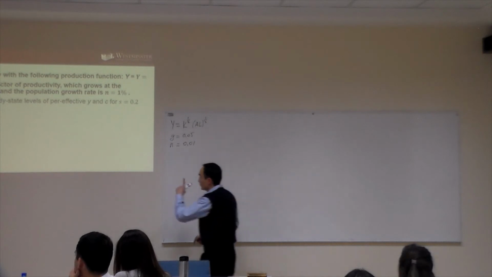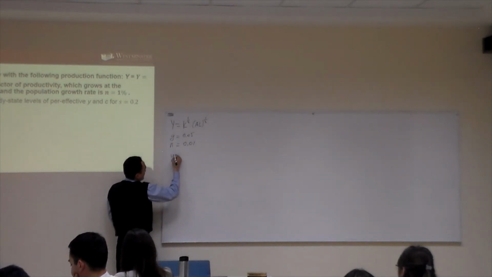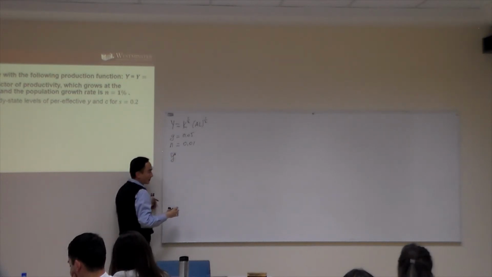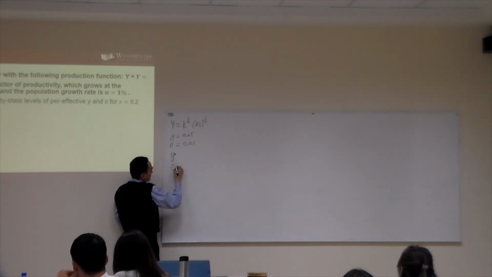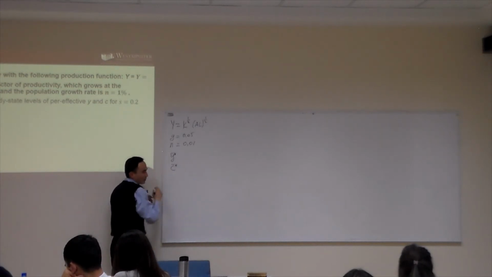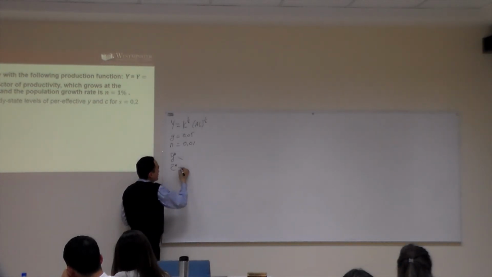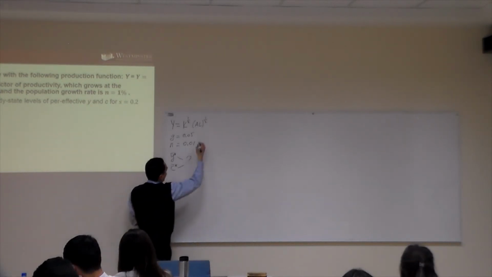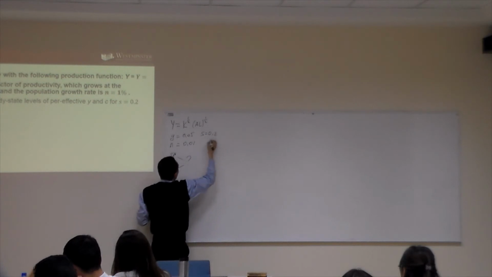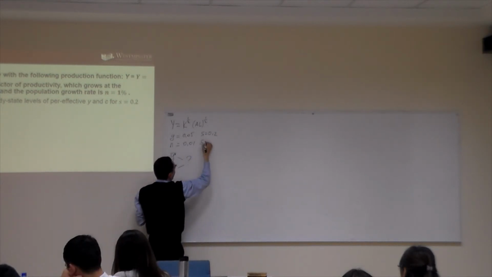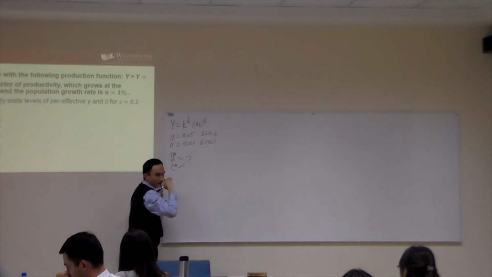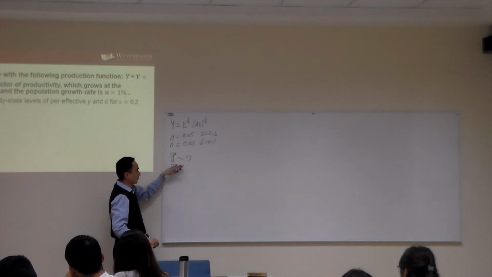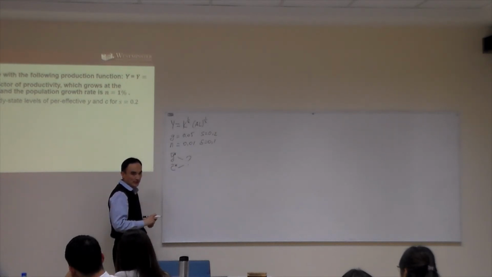So now we are asked to find the steady state level of output per effective labor and consumption per effective labor in steady state. We are given the saving rate as 20%, 0.2, and depreciation 10%, 0.1. Can we find it? We can easily find it now. Why? Because we already derived all of these steady state levels, right?